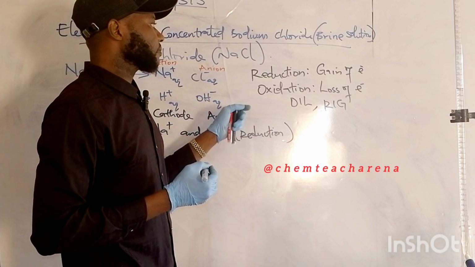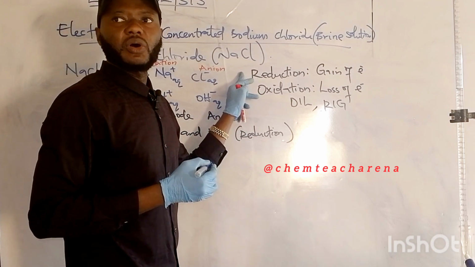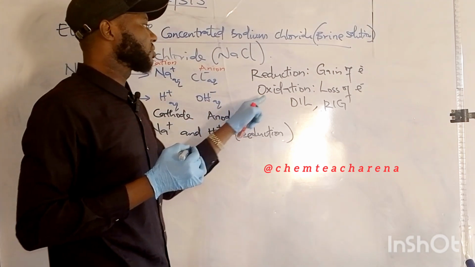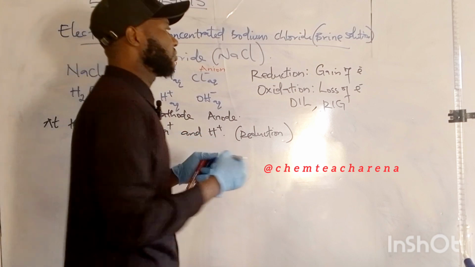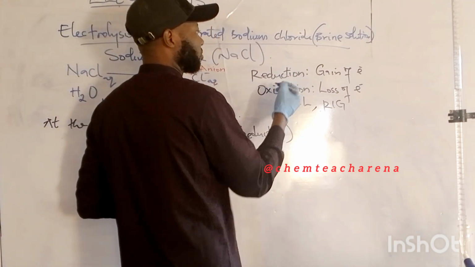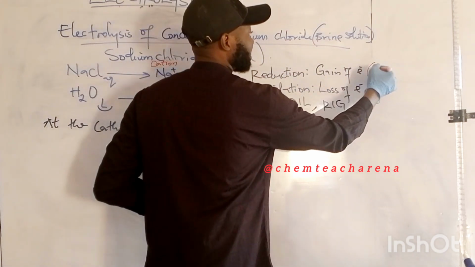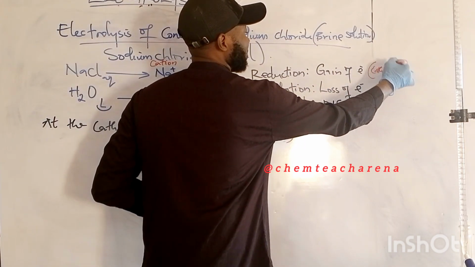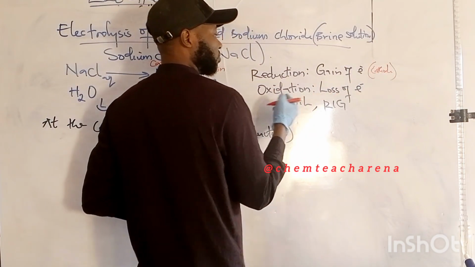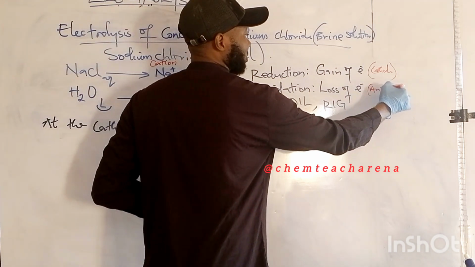Now, reduction occurs at the cathode, while oxidation occurs at the anode. Loss of electron, which is oxidation, occurs at the anode.